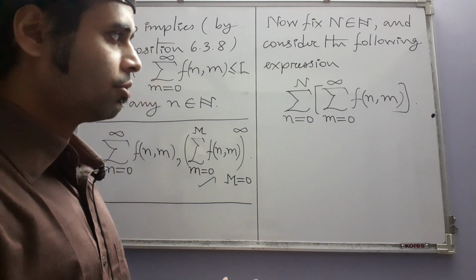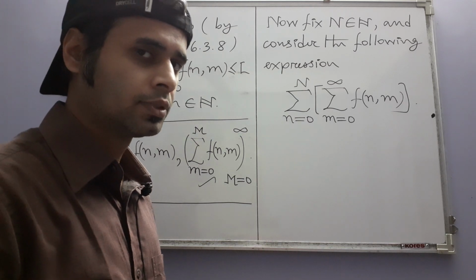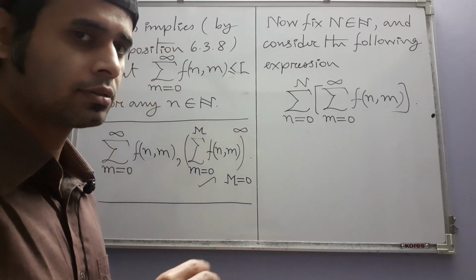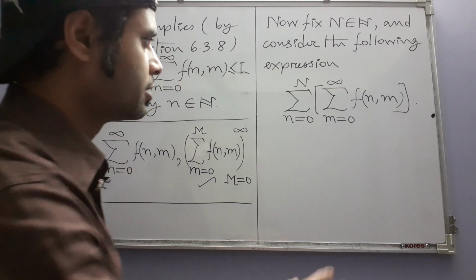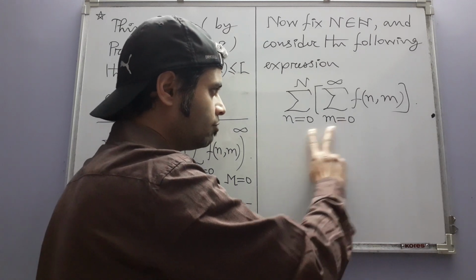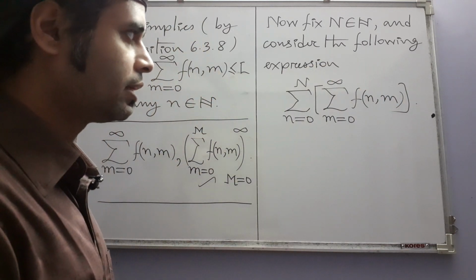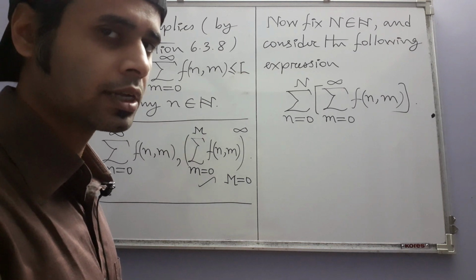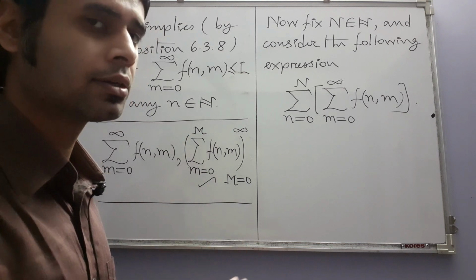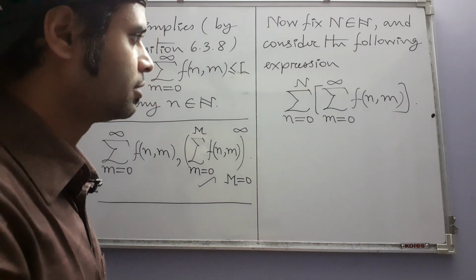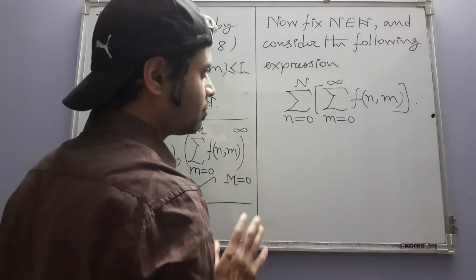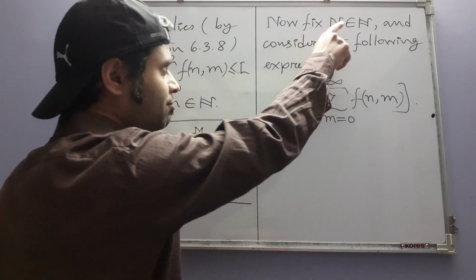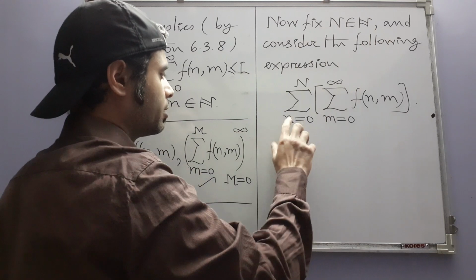Is there anything wrong with this expression? The only thing that can go wrong, or rather I should say unusable or useless, is when infinite series are involved and they are not convergent. I mean, in the usual cases that we deal with series, we want infinite series to be convergent. So what we have done here is that for each natural number, actually we have fixed n, so it is some natural number.